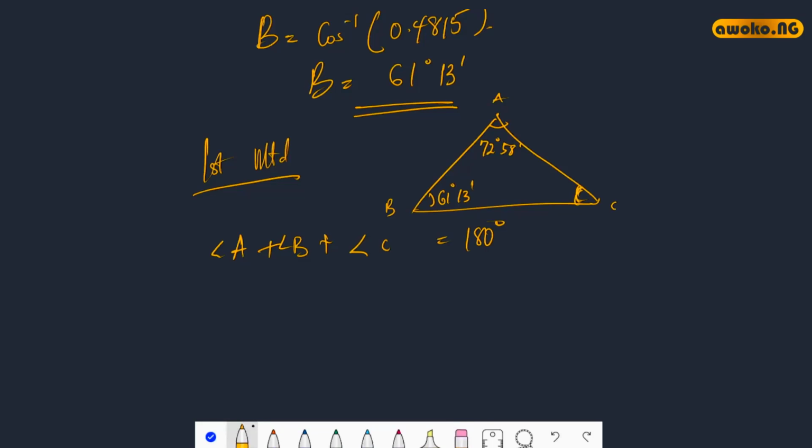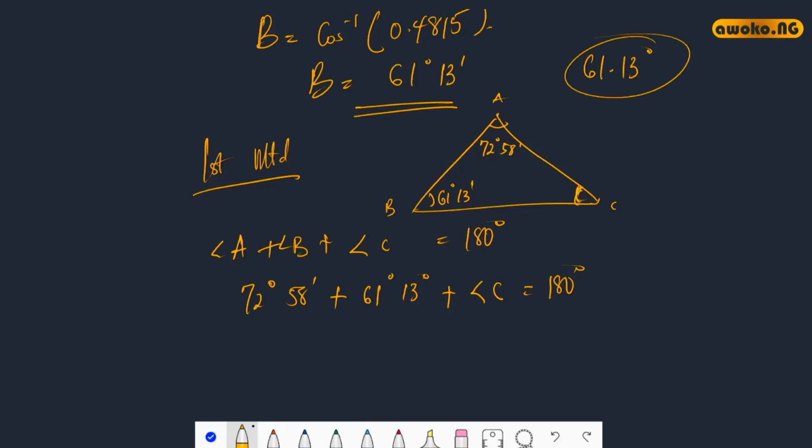Therefore, we have 72 degrees 58 minutes plus 61 degrees 13 minutes plus angle C equals 180 degrees. This 61 degrees 13 minutes is also the same thing as 61.13 degrees, so don't confuse yourself.